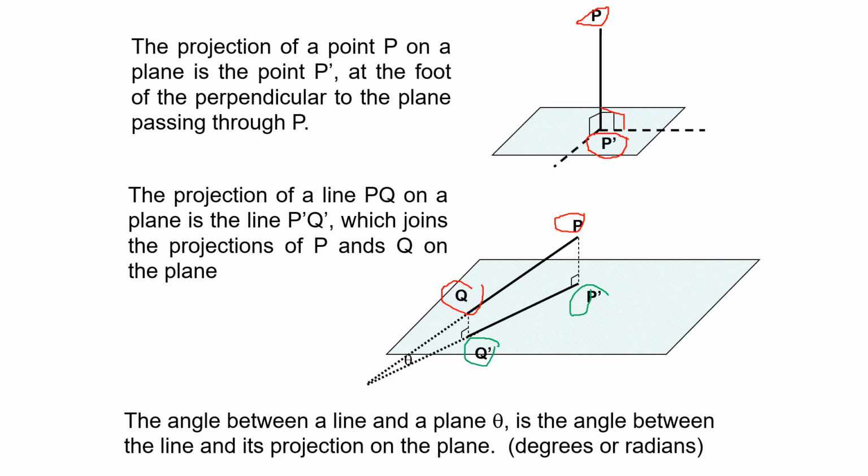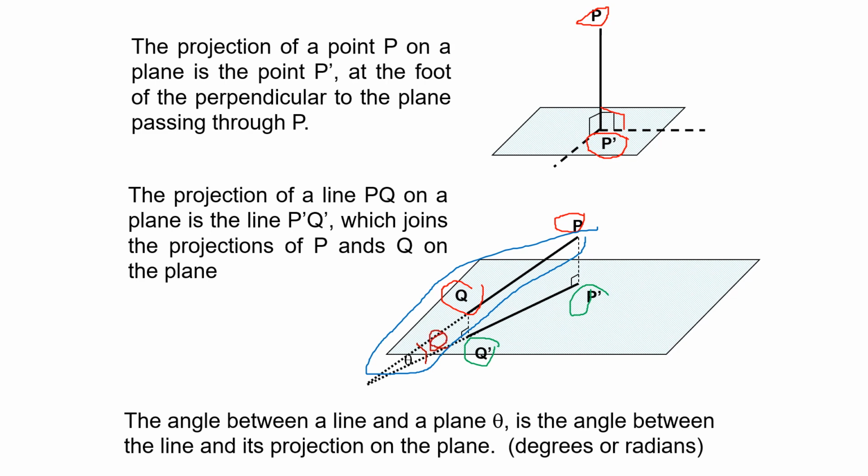Next, if you need to find an angle between a line and a plane in the coming learning outcomes, the angle between the line PQ, which is simply this line PQ, and the plane, which is the light blue plane at the bottom that looks like a paper here, is theta, as shown here on the screen.